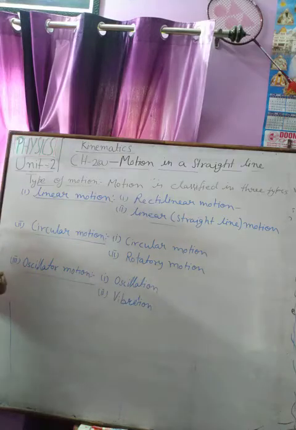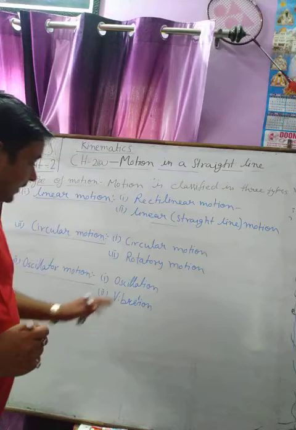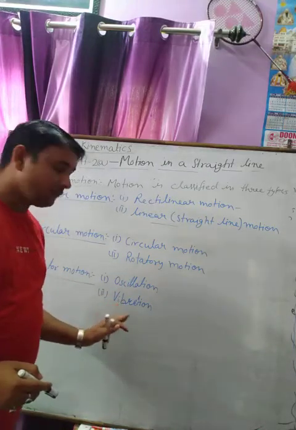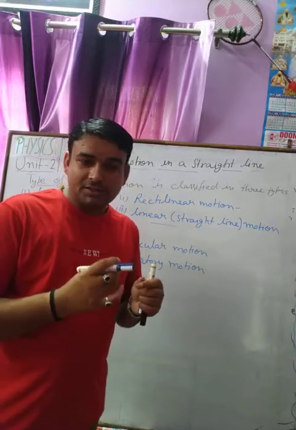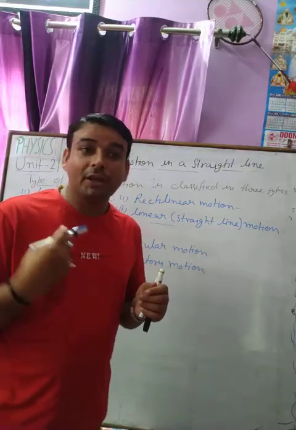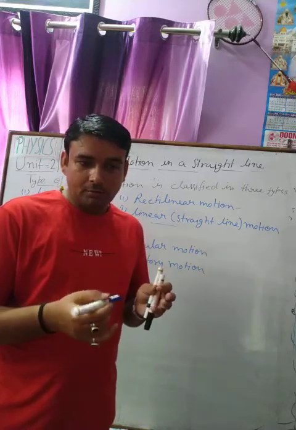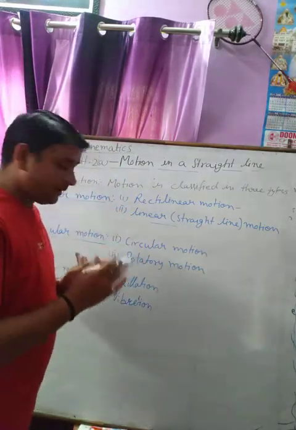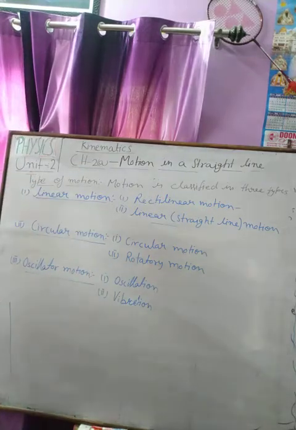Oscillation is when a point is moving around a mean position, a to and fro motion. Vibration is when a system of particles moves very fast, like free molecules in a solid, at random motion, and they are vibrating. These are the types of motion.